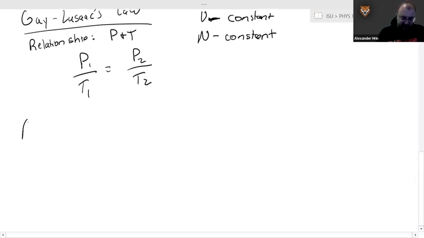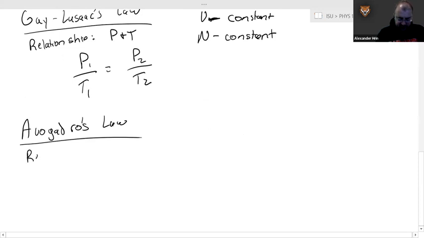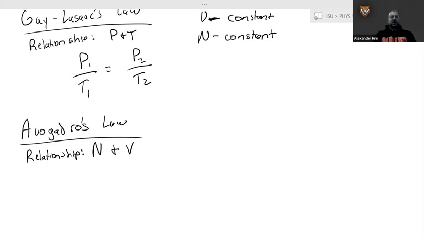Now, lastly, we have Avogadro's law. What Avogadro is looking for is the relationship between the number of molecules and the volume. If you took a chemistry class, you kind of assumed that 1 mole is equal to 22.4 liters.